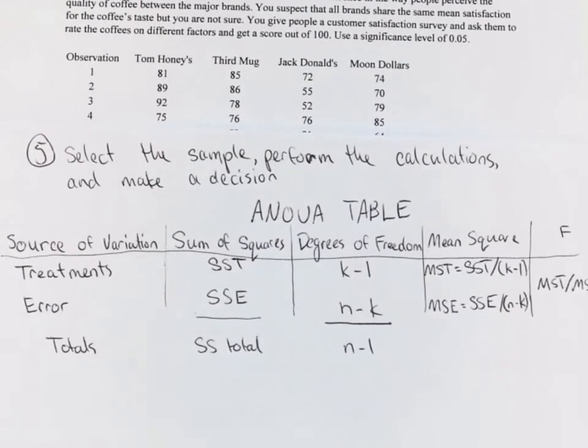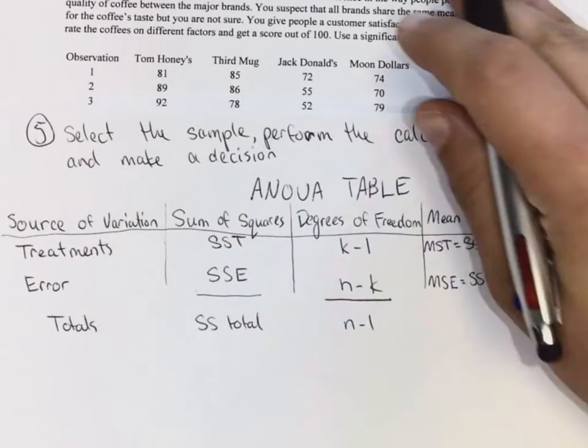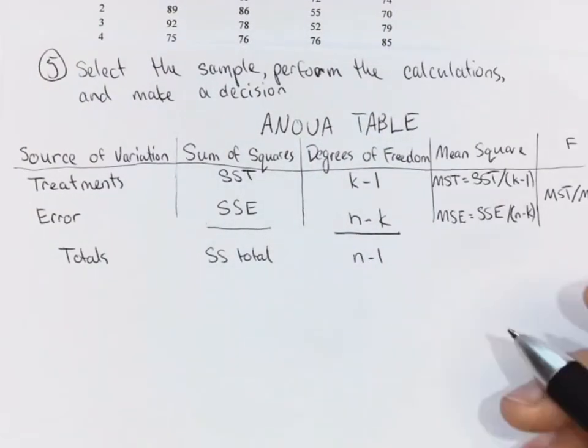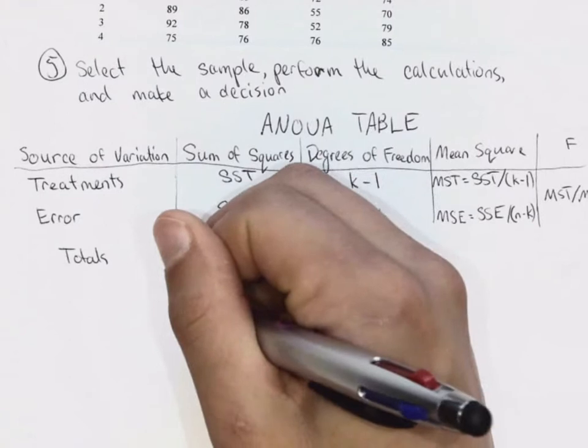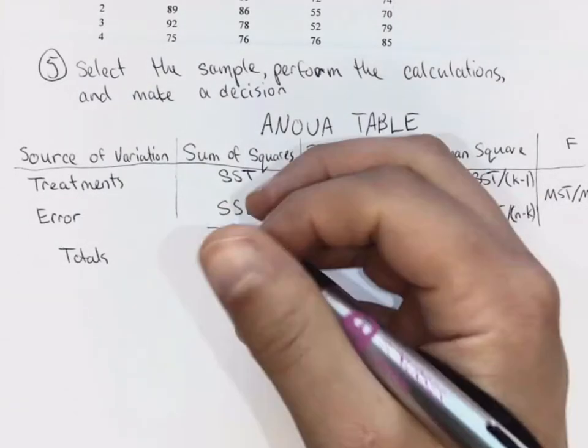Now our SS total, which means our total variation, can be found using the following formula. Again, we're looking for this.